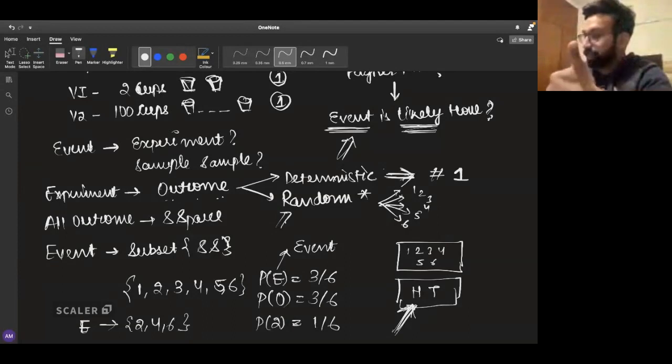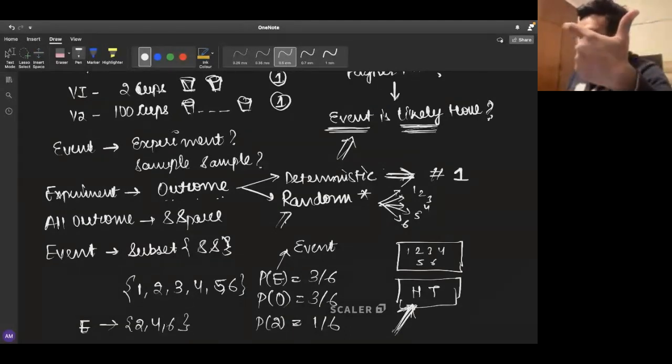It can be either deterministic or random. Here we are interested only in talking about random experiments. Why? Because that is how probability will come into picture. Any experiment will have certain outcomes. All possible outcomes would make a sample space, and the event which we are interested in, or the desired outcome, will be marked as an event, right?